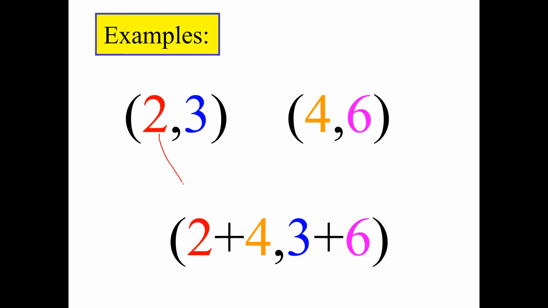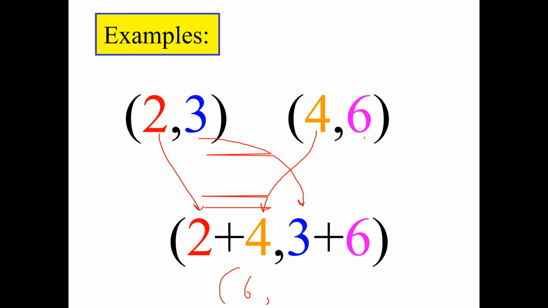We're going to take the x coordinates, which is this 2 and this 4. We add them together, and they give me a 6. 2 plus 4 is 6. We take this 3 and this 6, and add those together because they're my y coordinates, to give me 9. And so I made a new point by adding the coordinates together.